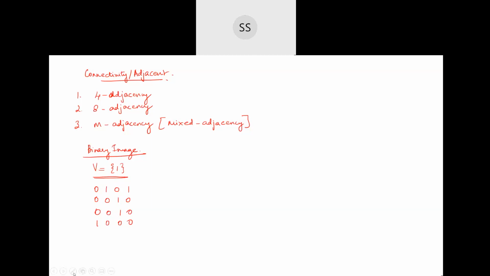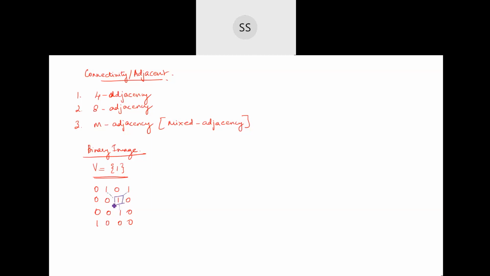Now for this, if I select a particular pixel in this coordinate position, you can see that there is a one just beneath it, and there are ones to the left and right of it.